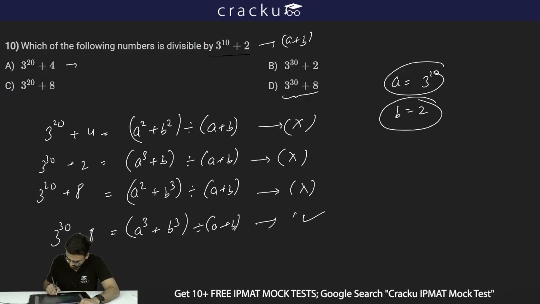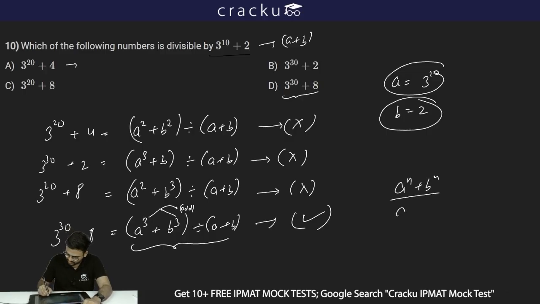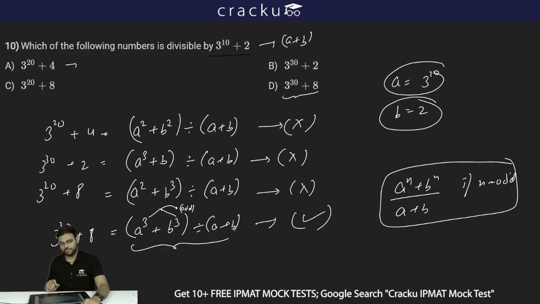Yes. a cube plus b cube is divisible by a plus b. a to the power n plus b to the power n is divisible by a plus b if n is odd. So therefore 3 to the power 30 plus 8 will be divisible by 3 to the power 10 plus 2, and therefore option D will be the correct answer.